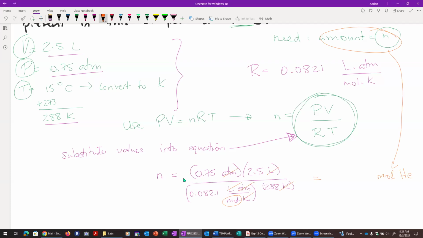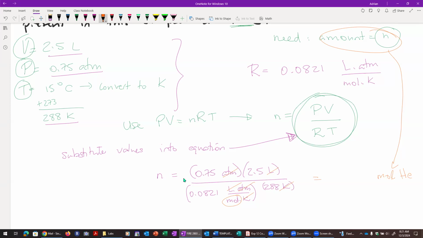So plugging in our values, you have 0.75 times 2.5, divided by 0.0821, that divided by 288.